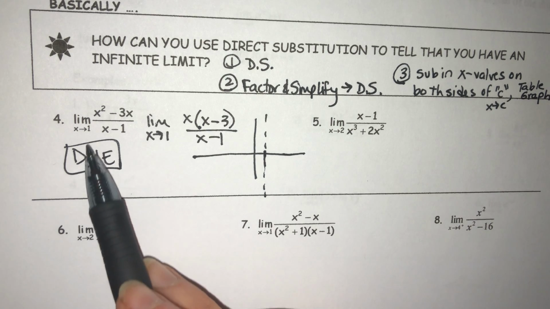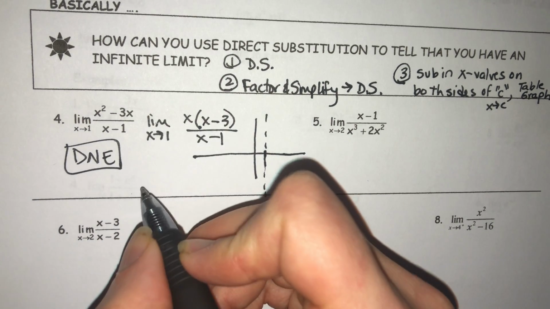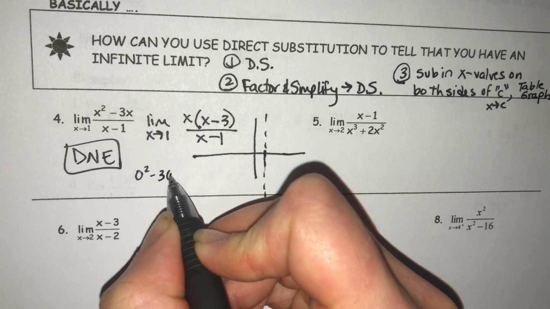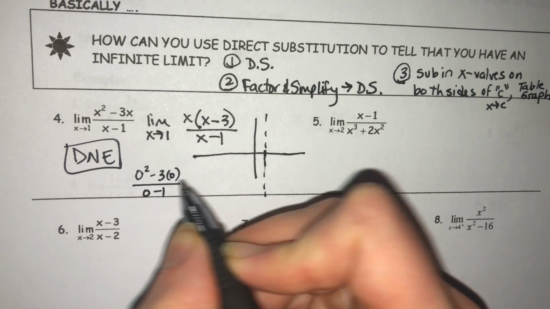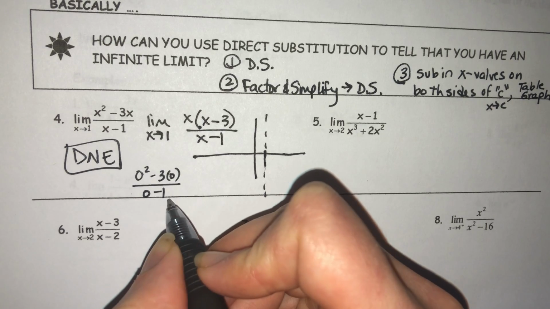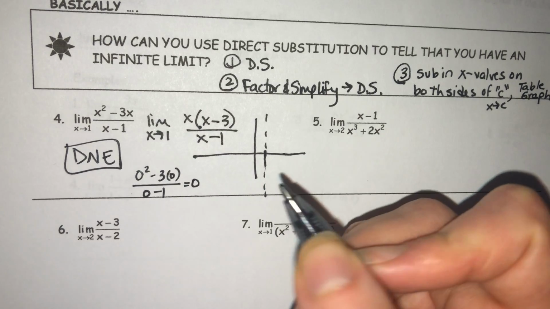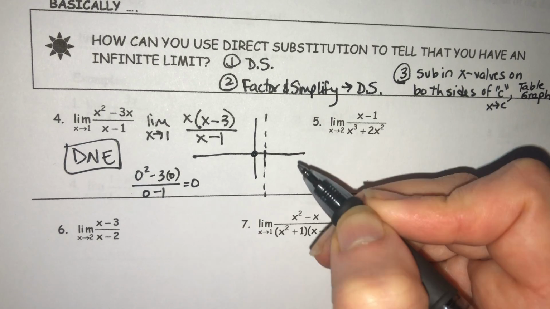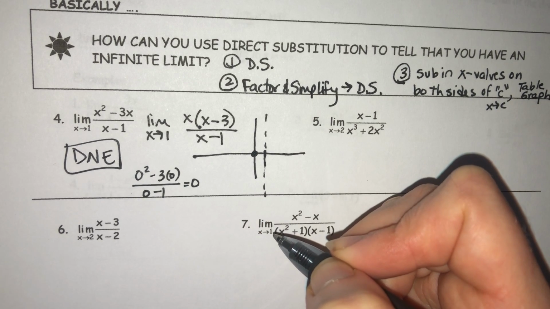So smaller than 1 would be 0. Plug in a 0. 0 squared minus 3 times 0 divided by 0 minus 1. Well, that numerator is 0, the denominator is -1, so that equals 0. So when I plug in 0, I'm at 0. So the origin is a point on this graph.